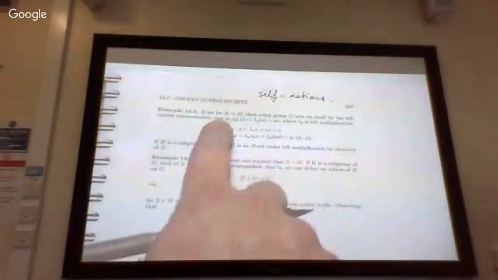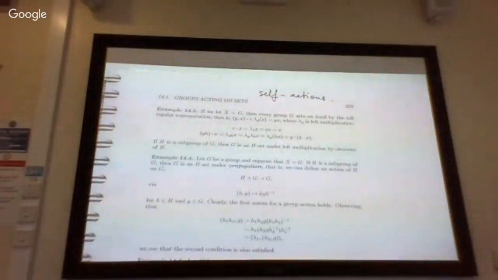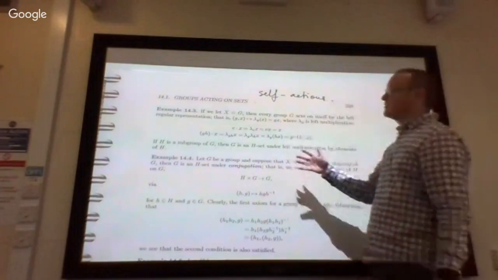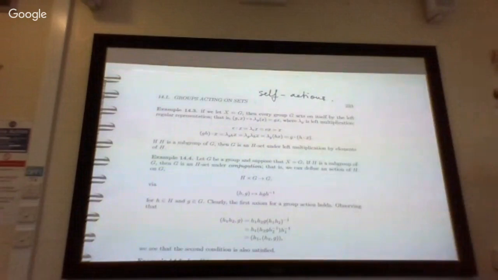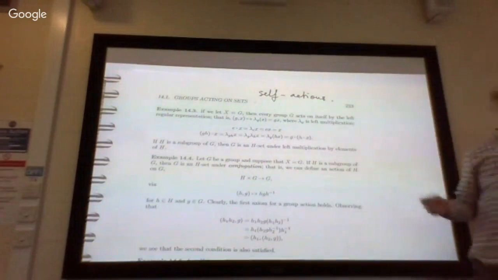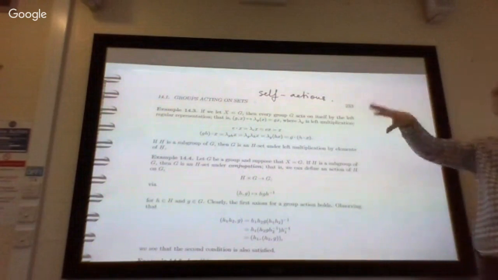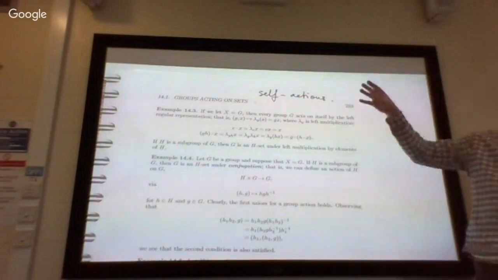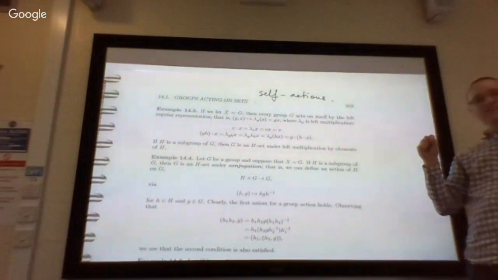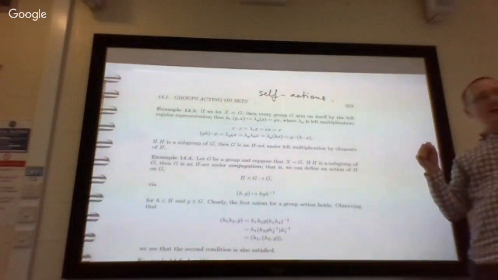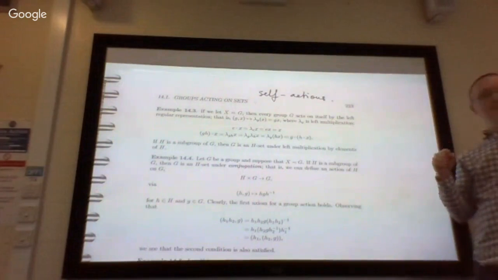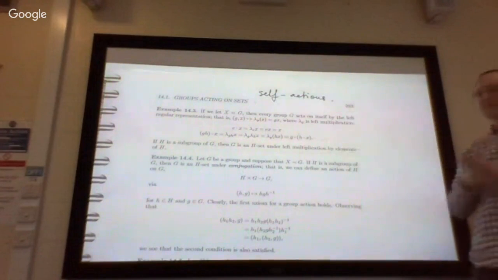This is the case where, so you see example 14.3, where you let the set X be G itself. This is kind of funny because when we defined the idea of a group action, we stressed in our language and our notation how the set X is something separate to G. G has a certain action on the set X, and you think of G over here, X over here, and the two things.